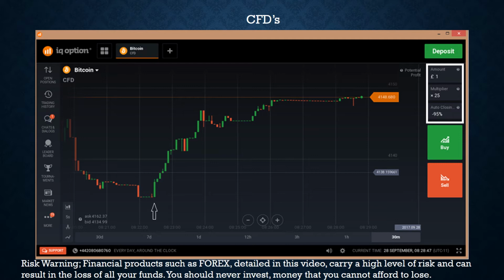So essentially with a CFD position, you would enter the amount you'd like to enter the trade, the multiplier, so it could even be up to 100 times, and auto close. So in this instance, if we bought at the white arrow, see the price continues to ascend, then we'd be in the money, and as such, the profits we would make would be multiplied by 25, as though we'd staked £25.